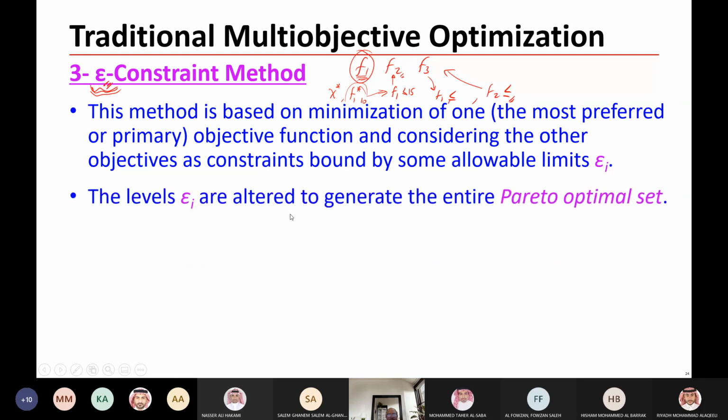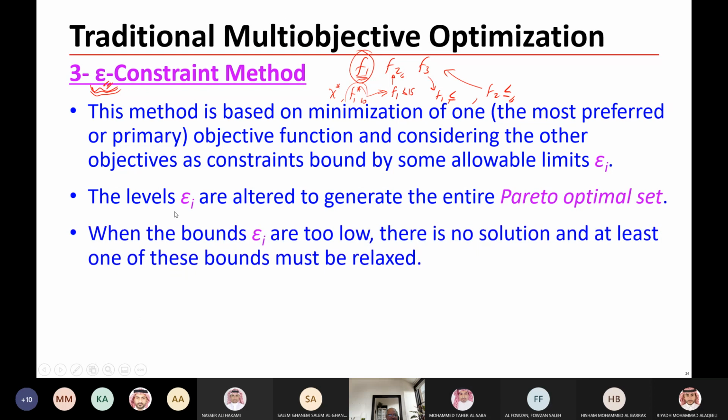So this epsilon is altered to generate the entire Pareto optimal set. You can, of course, set it to 12, 11, 14, 15, and so on, and you run it again and again, and each time you get a solution.